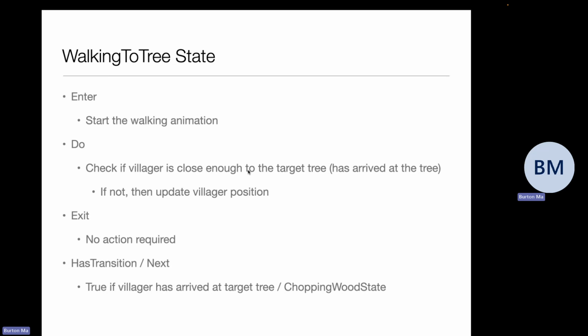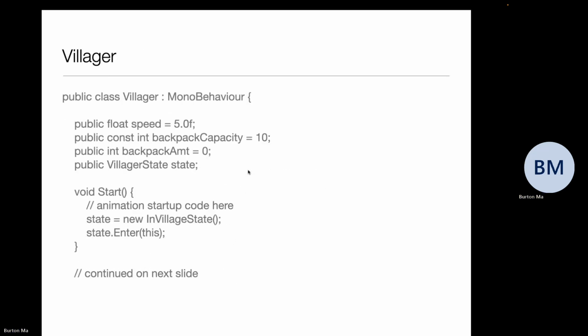If they haven't reached the target tree, you want to update their position using their speed. So using their speed and the direction that they're facing in, you can update their new location. It's simply the current location plus the speed times the amount of time that elapses between frames.